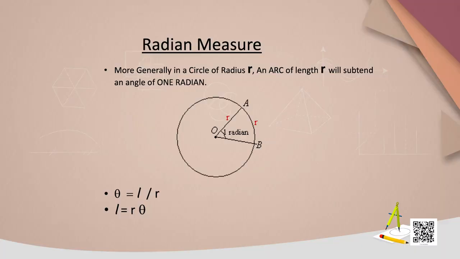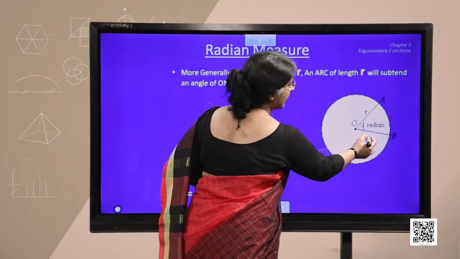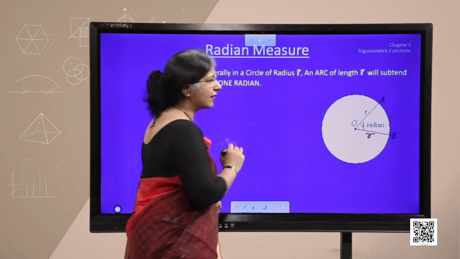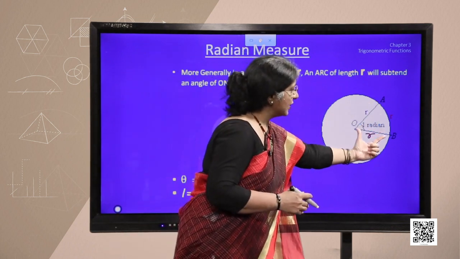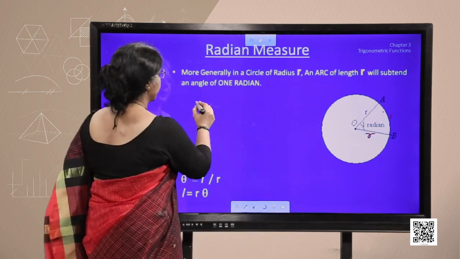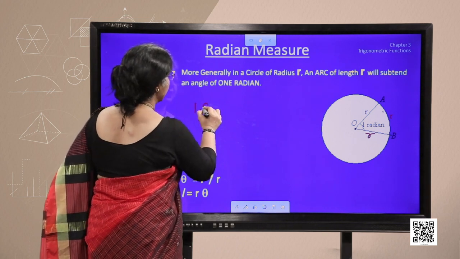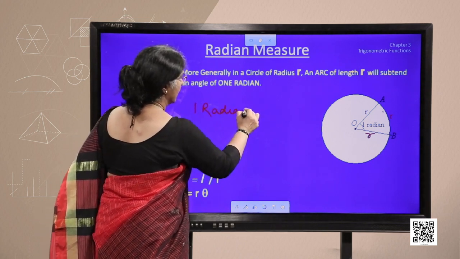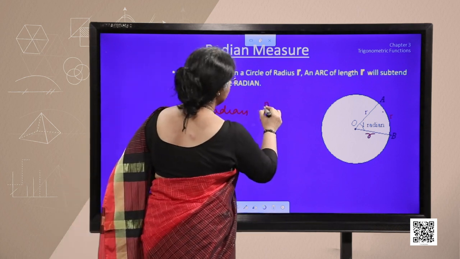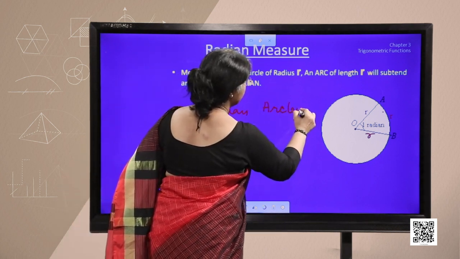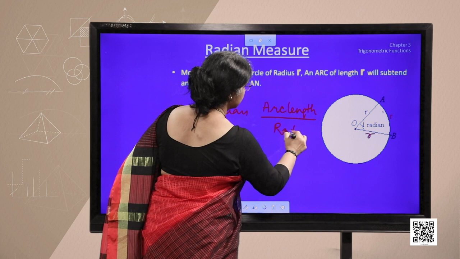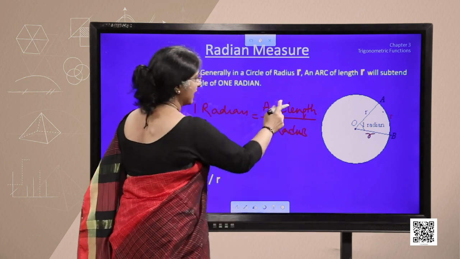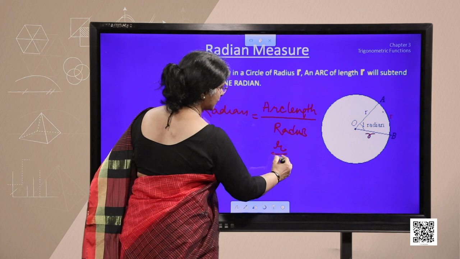Now more about radian measure. More generally, in a circle of radius r, we are not taking 1 here, we are taking the radius as r, and the arc is again subtending the same distance that is equal to the radius, so we can say this is again 1 radian, because it is given as arc length divided by radius, where arc length is also r and radius is also r.